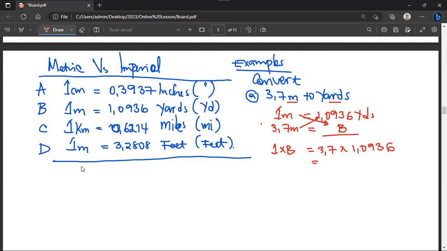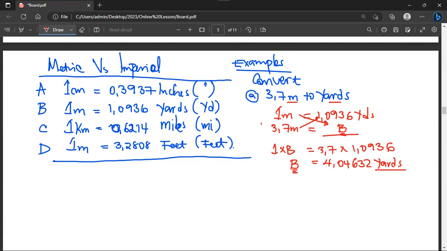So the answer will become, because 1 times B will remain with B, our unknown equals 4,04632. Remember, these are yards. Why do we say yards? Because the unknown we are looking for is on the side of yards.